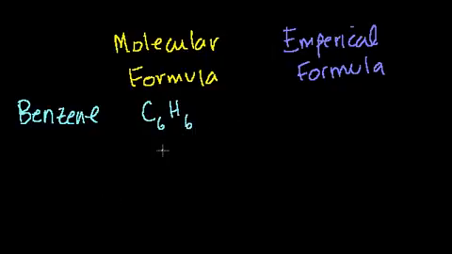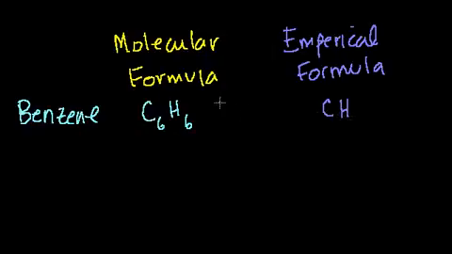Now, if you were some chemist in the 1800s and you didn't know about the actual atoms, but if you had a big bag of benzene and you were to measure the ratio of the carbon to the hydrogen that you had in that bag, you would find out that for every 1 carbon, you have 1 hydrogen. So your empirical formula is the ratio of the two. You don't know that each atom actually has 6 of these, but you know that for every carbon, there's a hydrogen. For every hydrogen, there's a carbon.